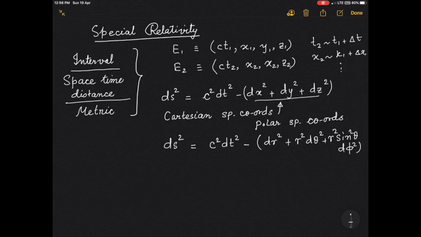This type of thing we have seen before when we were doing coordinate geometry on the celestial sphere.